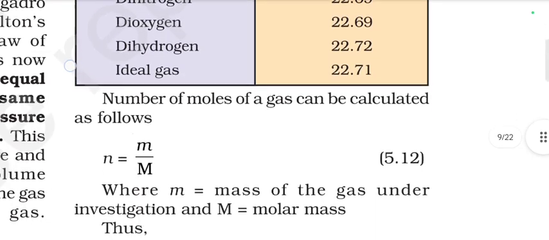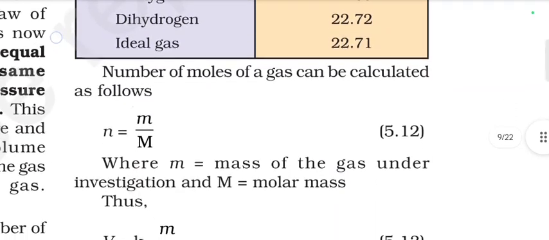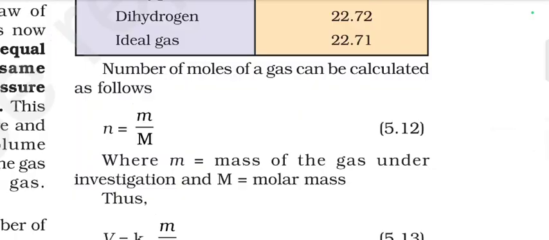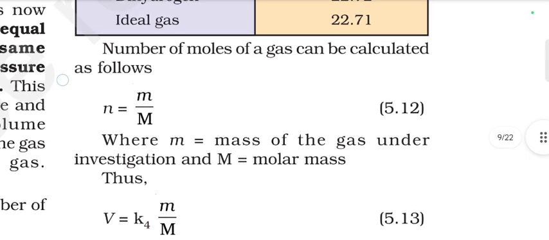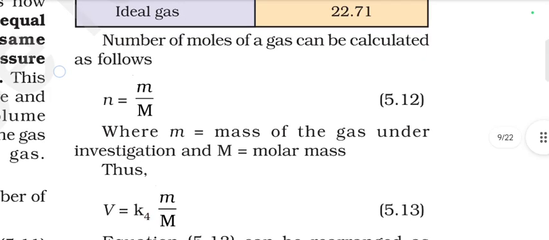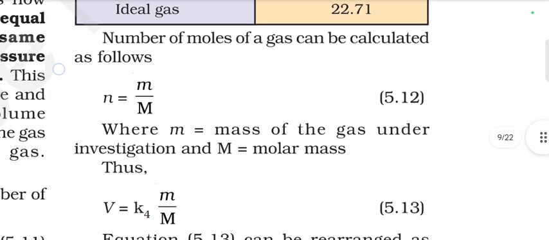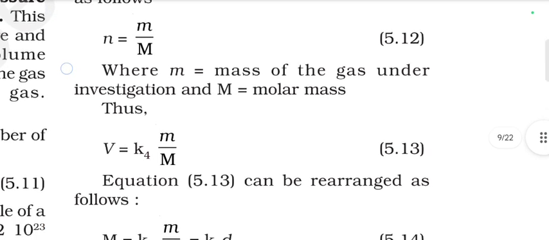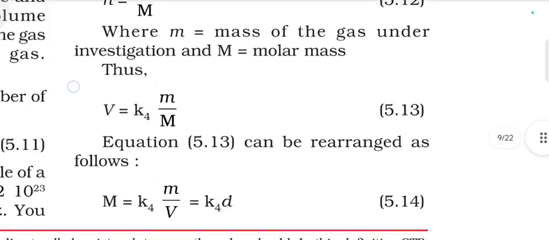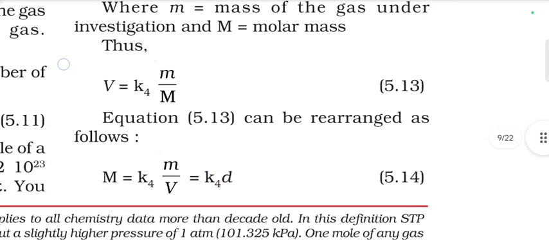Number of moles of a gas can be calculated as follows. n is equal to m upon M, where small m is equal to mass of the gas under investigation and capital M is equal to molar mass. Thus, V is equal to K4 into small m upon capital M. Equation 5.13 can be rearranged as follows.